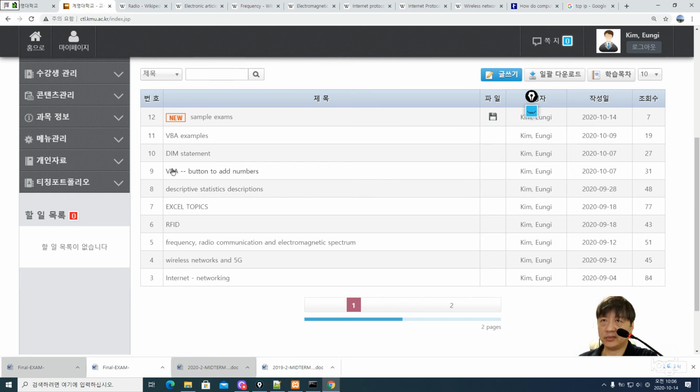Okay, the rest of it is Excel material, which I mentioned previously, so I'm not going to go over those topics again. So VBA, at least 2 questions, and the rest are similar to what you did for the homework assignment.